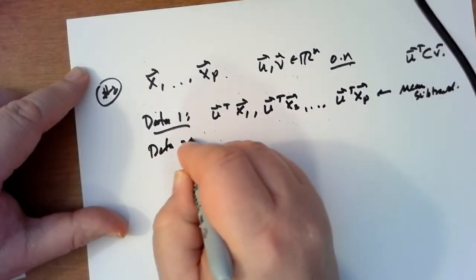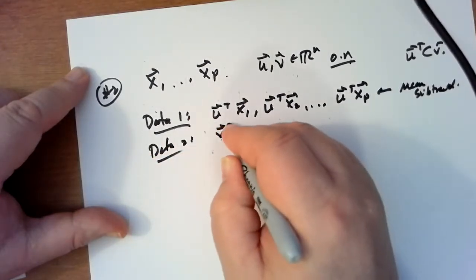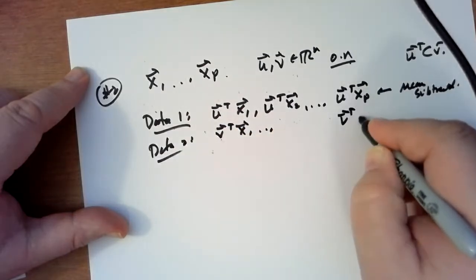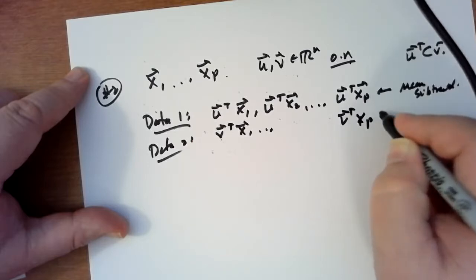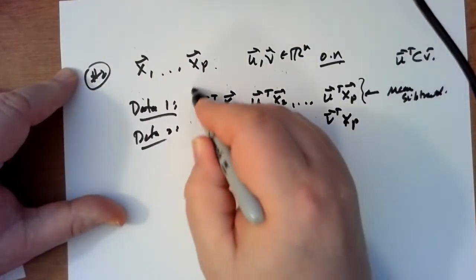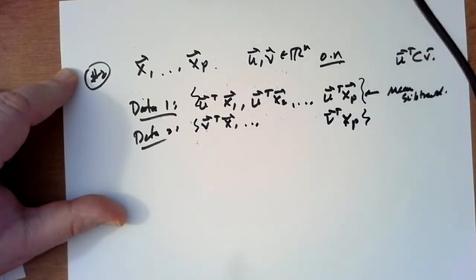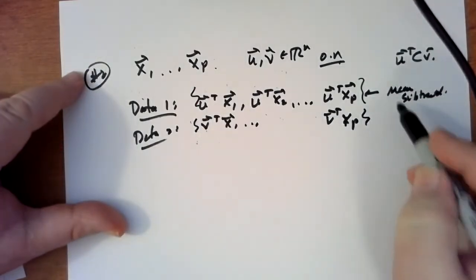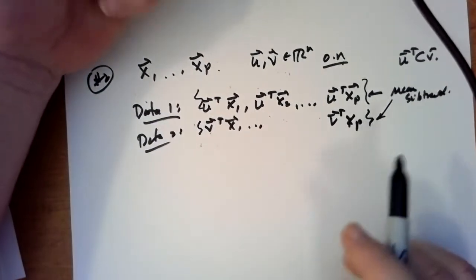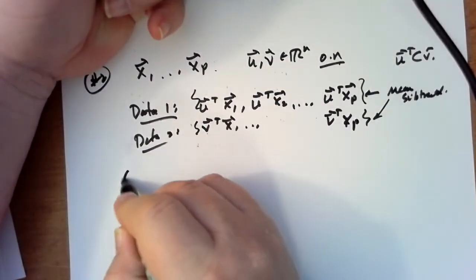Data set 2 would be the same thing, v transpose x1, v transpose xp. Now I have a set of scalars that I need to compute the variance for, again mean subtracted. Good.